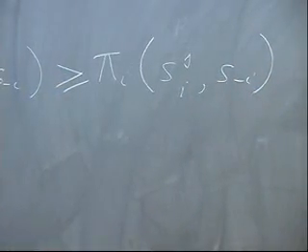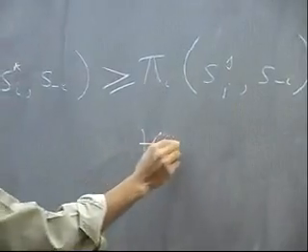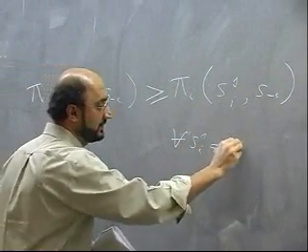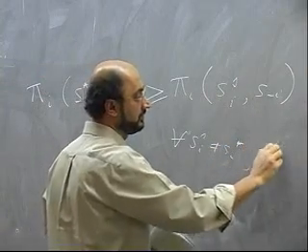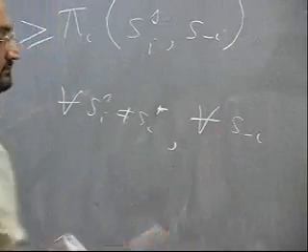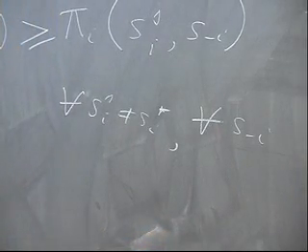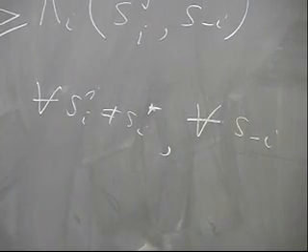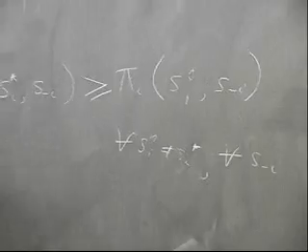Earlier we said, for all s_j not equal to s_i star, and for all s minus i. So no matter what the other person does, no matter what happens, s minus i, I'm always going to get as good as or better.